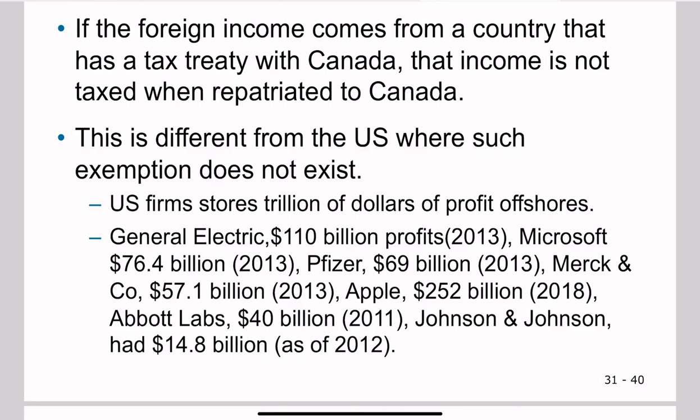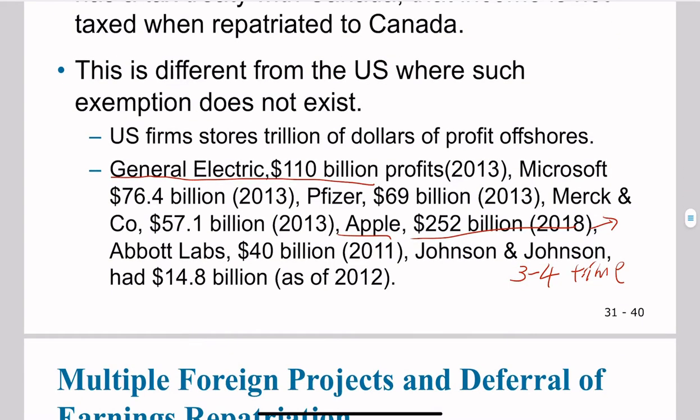For example, I got some data points from Wikipedia. So you can see that a lot of famous US firms, they park huge profits offshores. Right? You can see that for GE, it's 110 billion profits in 2013. For Apple, it's $252 billion in 2018. So this is roughly 3 to 4 times of Apple's annual earnings.